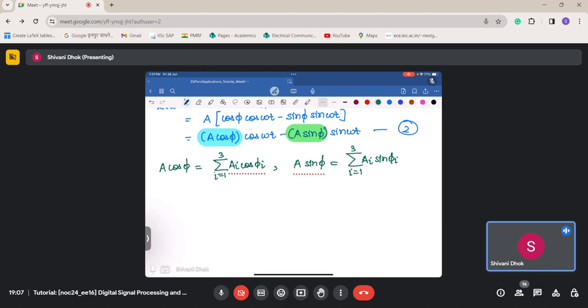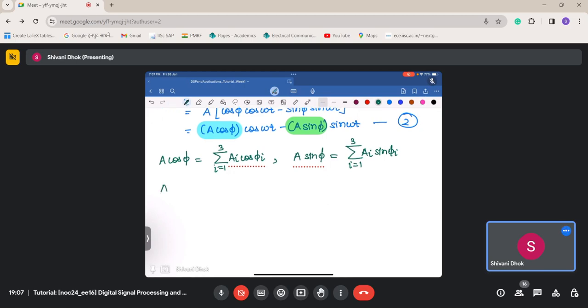Now let's consider A cos phi whole square plus A sin phi whole square. This will be equal to A square into sin square phi plus cos square phi, which is equal to A square.